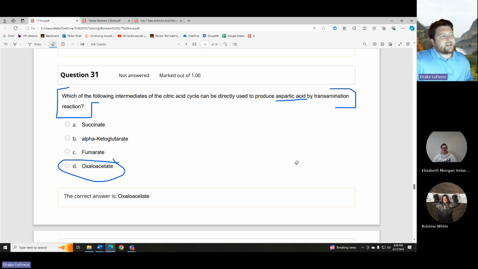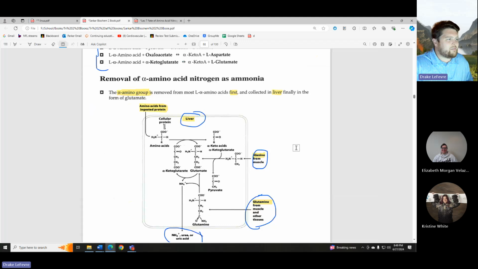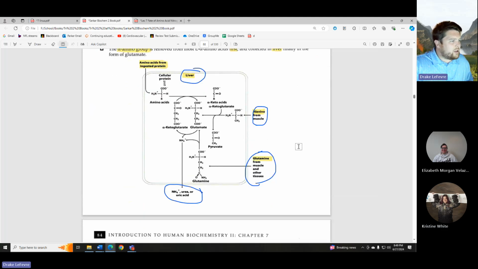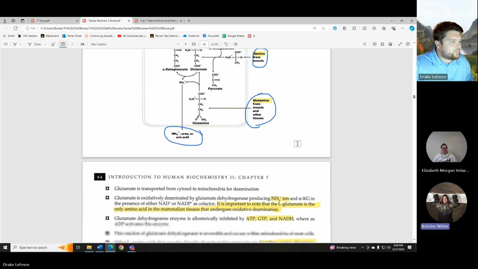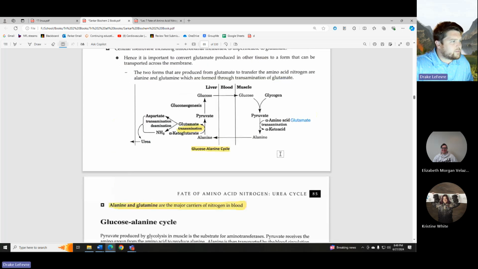I don't love this question just because it's a lot of thinking way back to Biochem 1 material. Okay, let me see if he has anything in here in the book that specifically says this.